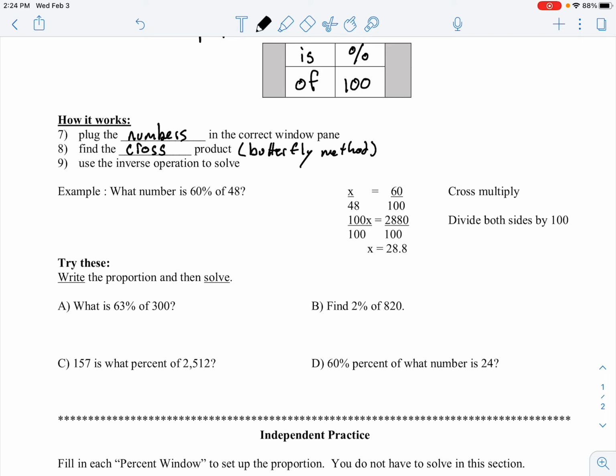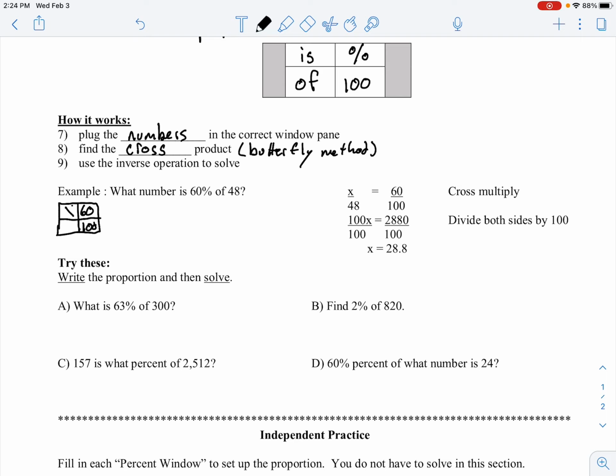So the thing about this window pane deal is that it sets the proportion up for us. I'll show you how. Down here we'll always have 100. So what number is 60% of 48? So what number is, well, we don't know that. The percent always goes up above the 100.